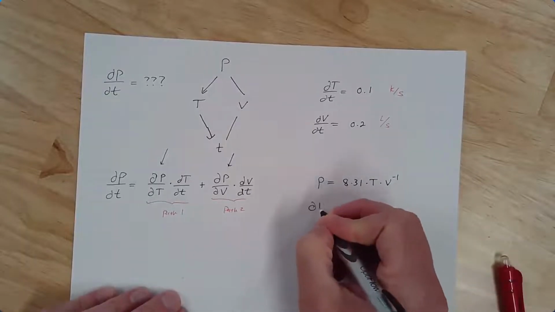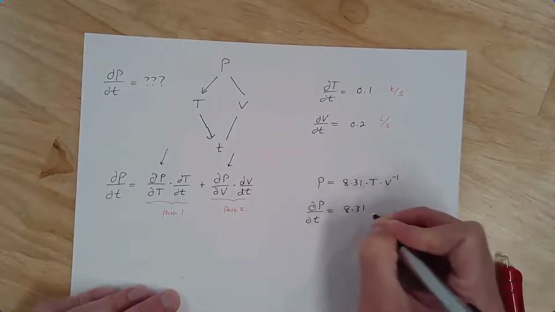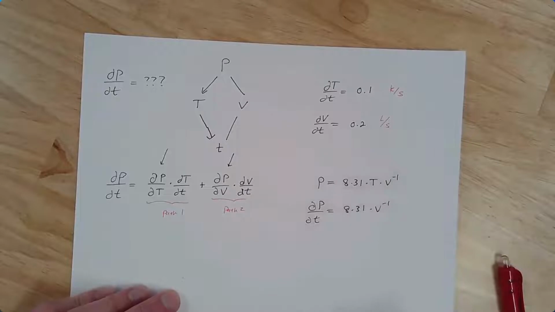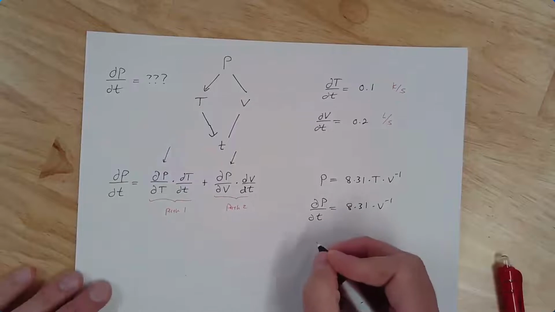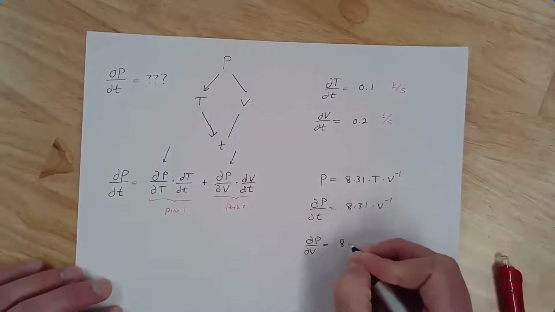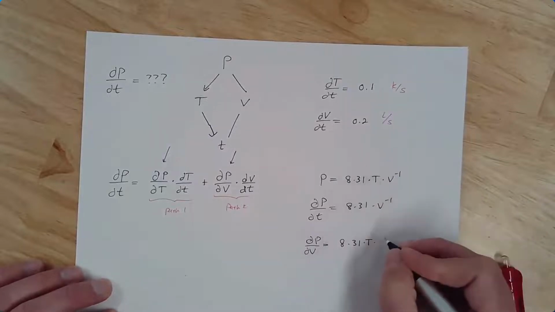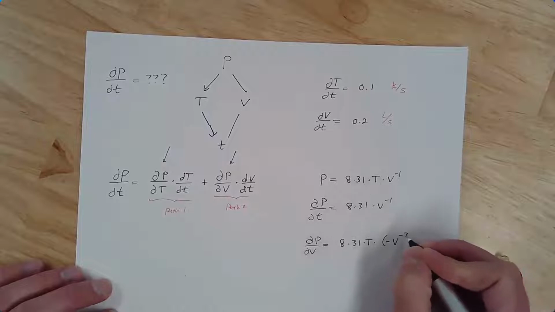So del P del T is going to be 8.31 times V to the negative 1, or if you prefer, 8.31 over V. I don't really prefer. Del P del V is going to be 8.31 times T, and the derivative of V to the negative 1 is negative V to the negative 2.